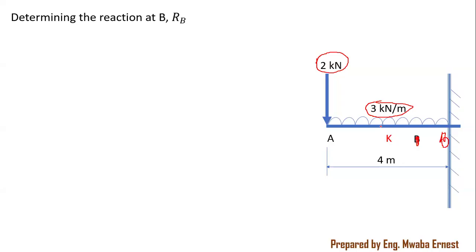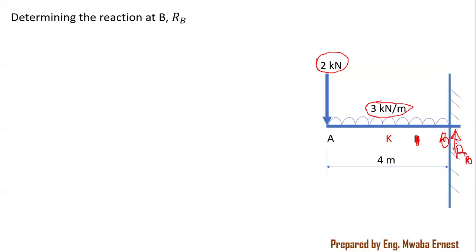Let's find then the reactions at RB. There on the wall is going to be an upward reaction pointing up. That's the one we are calling RB. So that's the one we need to calculate.